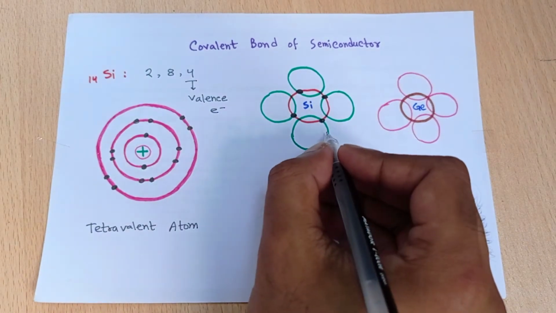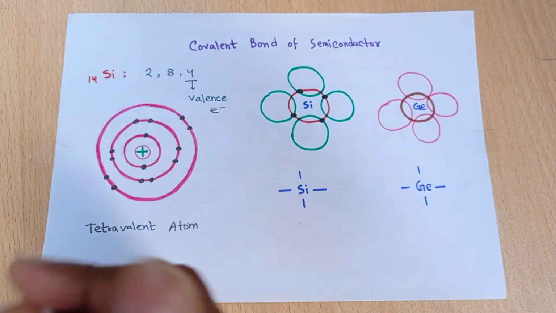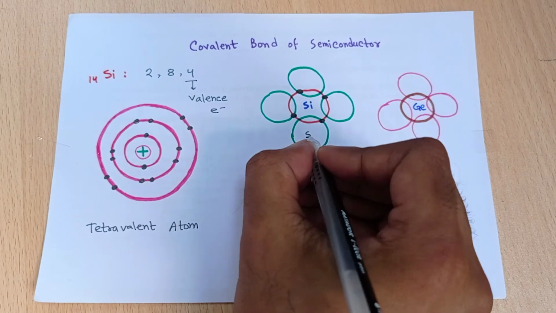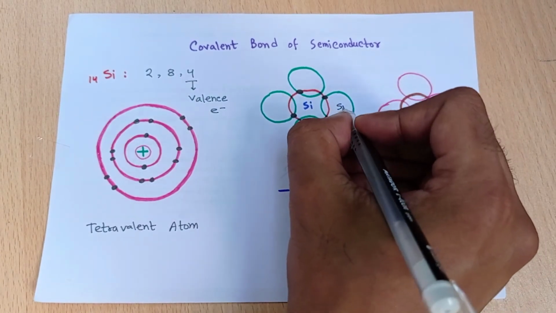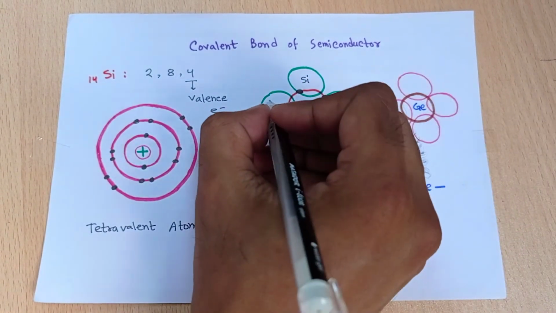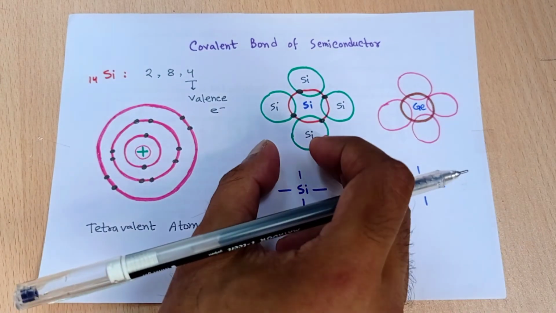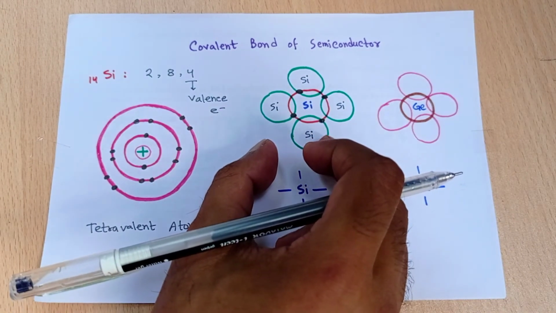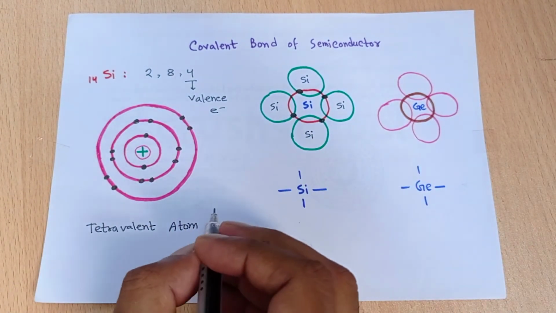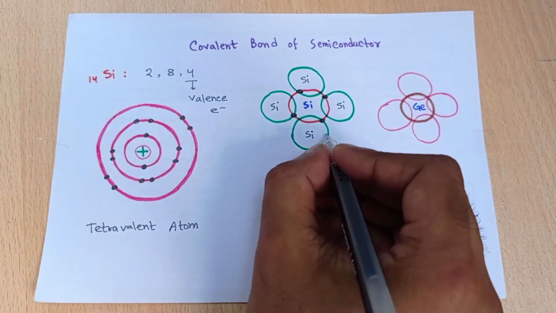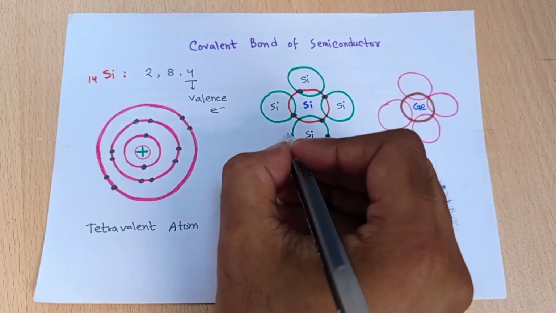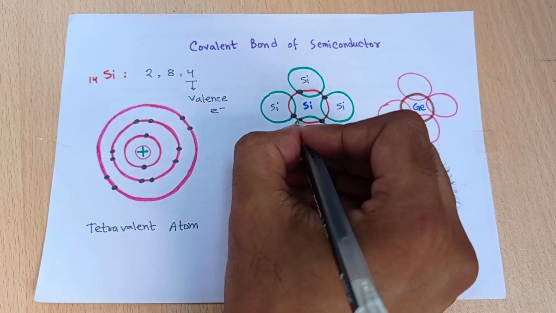And the green colored orbit also indicates another silicon atom. This silicon atom also contains 4 valence electrons. Suppose these valence electrons are 1, 2, 3, and this is 4.